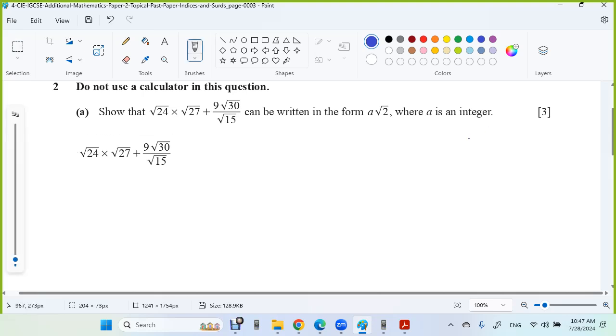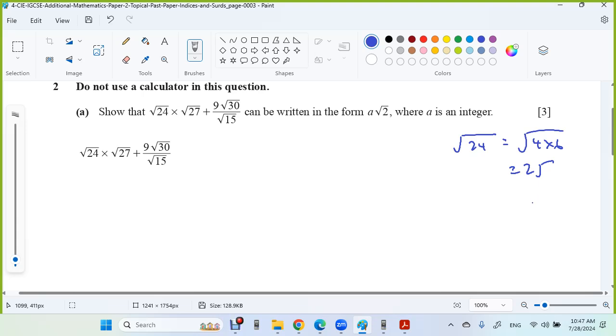So we know that the square root of 24 is the square root of 4 times 6, then it's 2 square root 6.